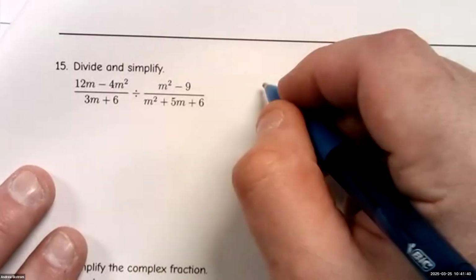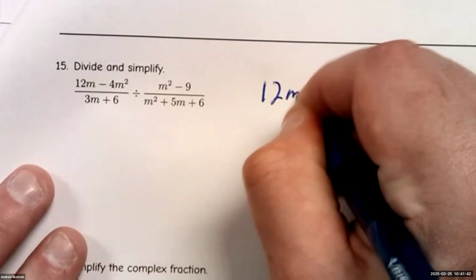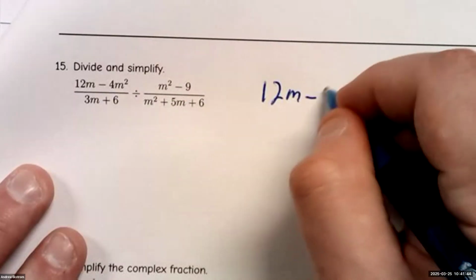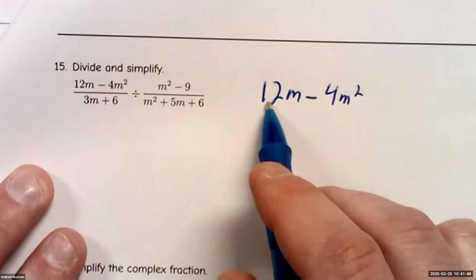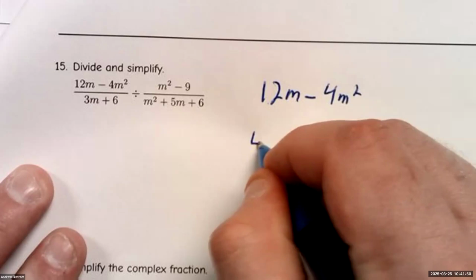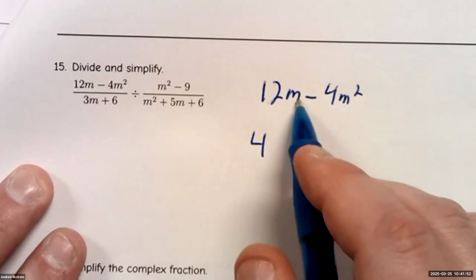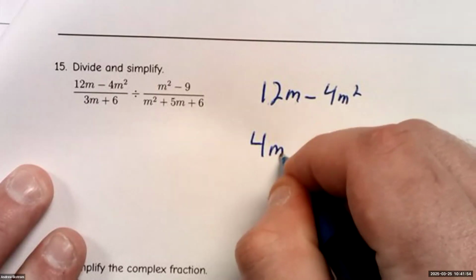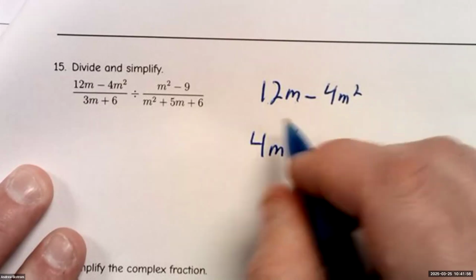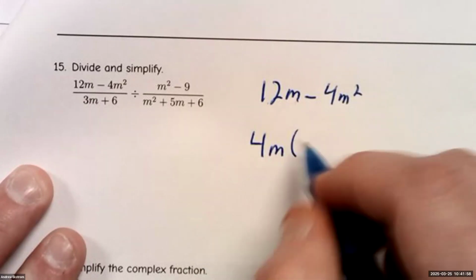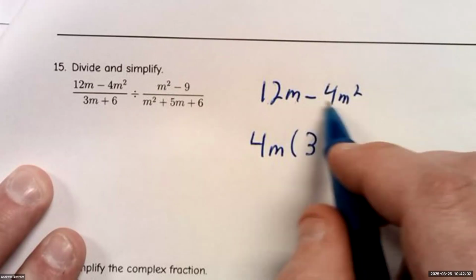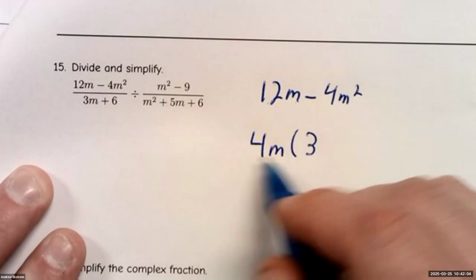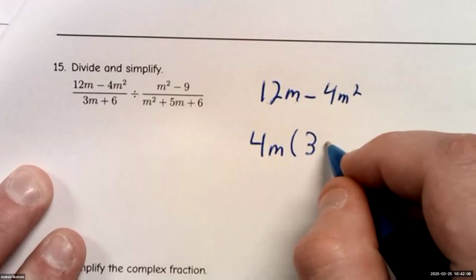I will say one of the big sticking points here was this first part. 12 and 4, so I can at least pull out a 4, m and then m squared, so I can pull out the m. 12m divided by 4m, that's going to be 3. 4m squared, pull out a 4m.